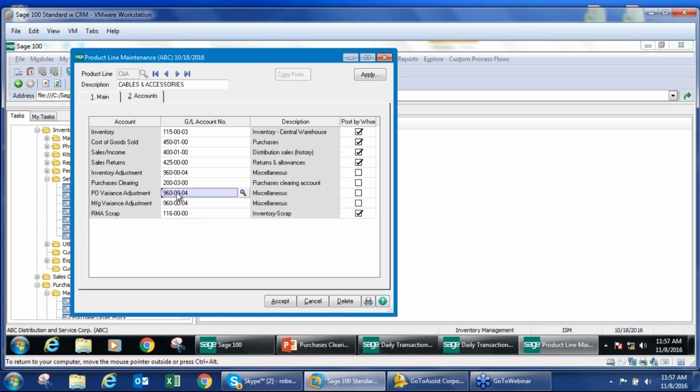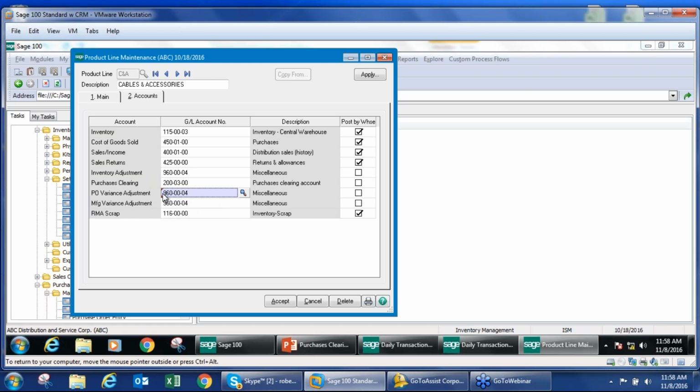You definitely want to have this either as a separate expense account or even as a separate asset account, because if you end up having it post to the same inventory account, you run the risk when you try and tie back your inventory trial balance or valuation report to the GL, it's going to contain entries at the GL that are variances, and you run the risk of essentially writing up or down your inventory erroneously.